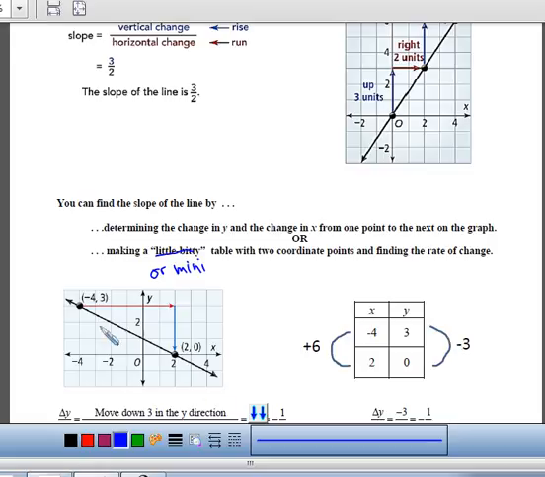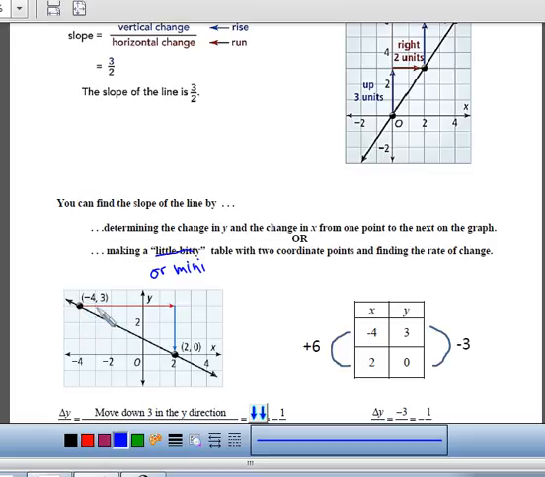Now, I don't like this example because it makes it look like we're going from this point to this point. It doesn't matter which point you're going to, but I always do the rise over the run first, the change in y over the change in x.